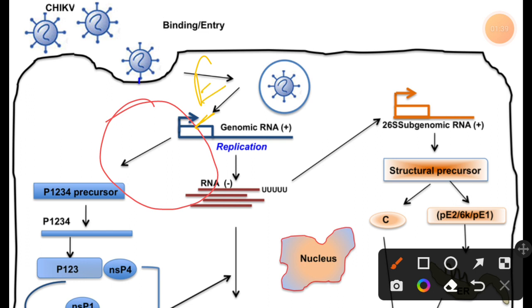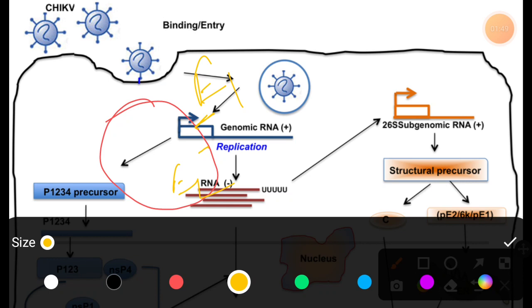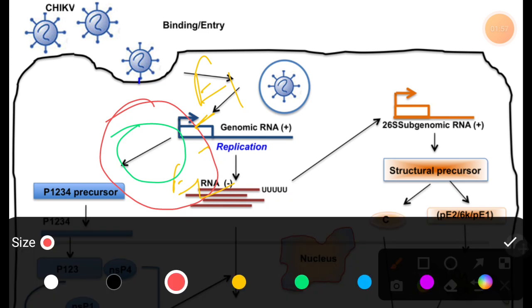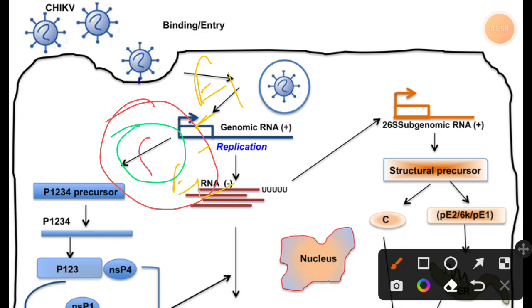One is the E1 protein, which is on the outside, and another is the E2 protein, which is on the inside. Then there will be your icosahedral capsid, in green color. Inside the icosahedral capsid you have your positive sense single-stranded RNA genome of 11.6 kilobase pair in size.